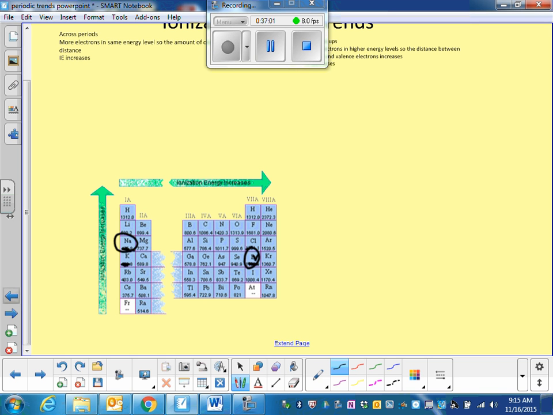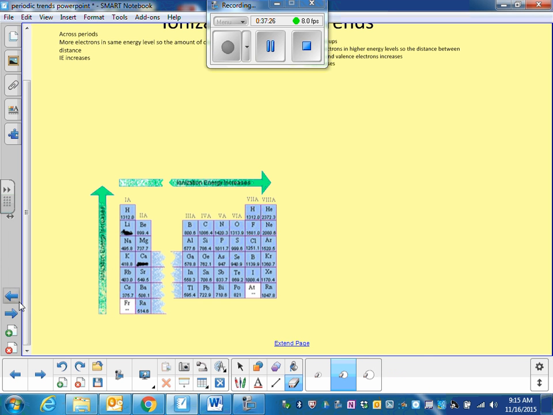Jackie, francium or fluorine, which requires more energy? Fluorine requires more energy. That is correct. Maya, lithium or calcium, which requires more energy?